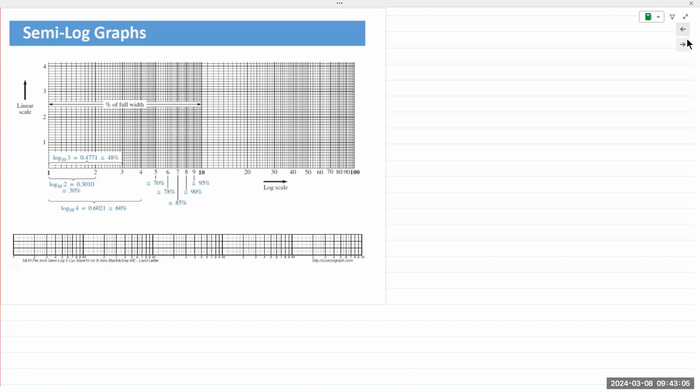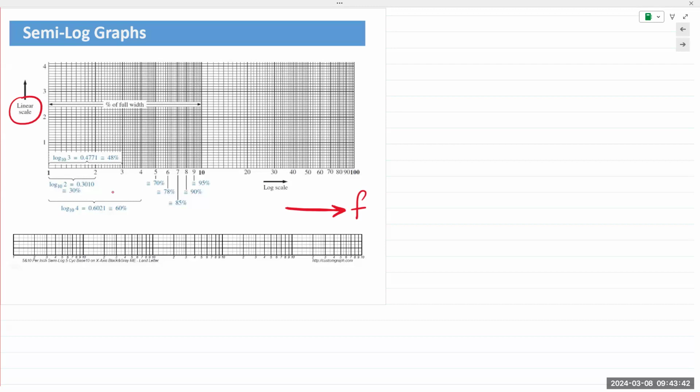But a Bode plot uses semi-log graph paper where only one of the axes is on the log scale, specifically the x-axis. Remember, the x-axis always refers to time or frequency. So for filters, we plot frequencies on the x-axis, and frequency f is plotted using the log scale.